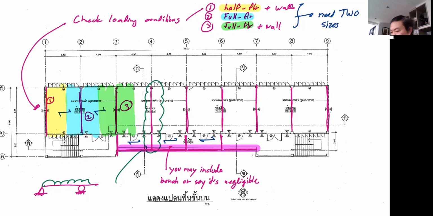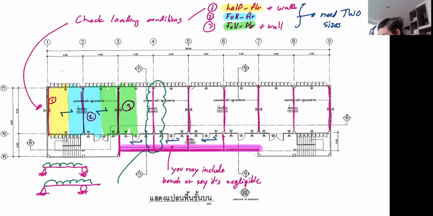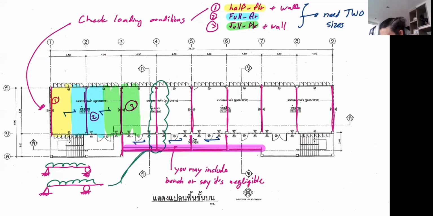Now let's compare this beam to this beam. This one is a simple beam. When you see a simple beam like this, I hope that this is still in your mind from structural analysis. This is this, then this is this.